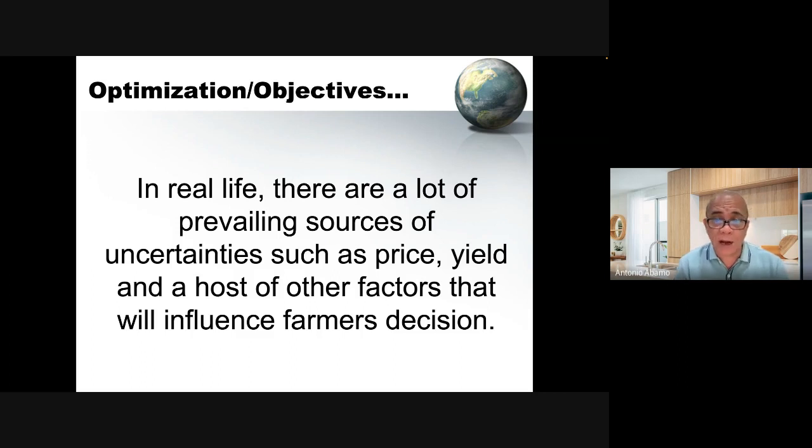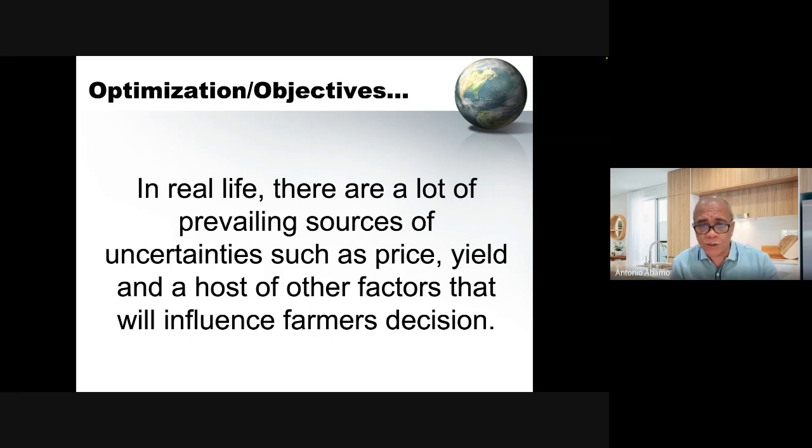In real life, there are a lot of prevailing sources of uncertainties, such as price, yield, and a host of other factors that will influence a farmer's decision. Okay, if you want to optimize or attain the objectives of the enterprise, there are a lot of uncertainties going on in the farm.